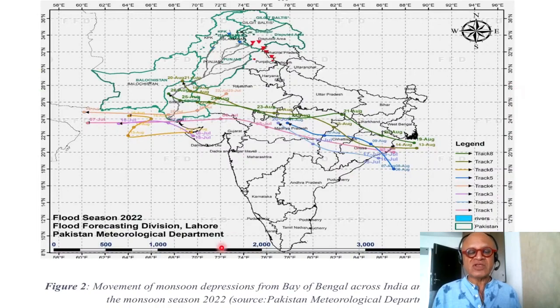So here is the movement of monsoon depressions from the Bay of Bengal across India and Pakistan during the monsoon season of 2022, and you can see, I don't know if you can read all the numbers, 19th August, 13th August, 14th August, 9th August, 8th August, and so on. So many systems trudged across India, the core monsoon zone, all the way into Pakistan.